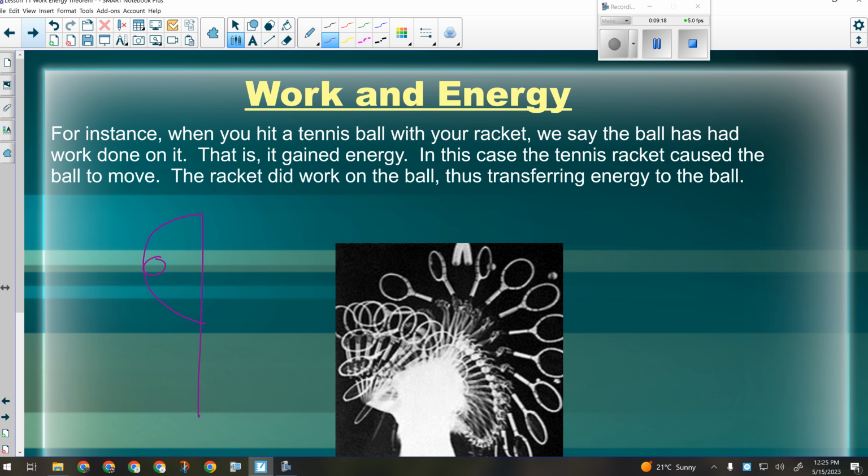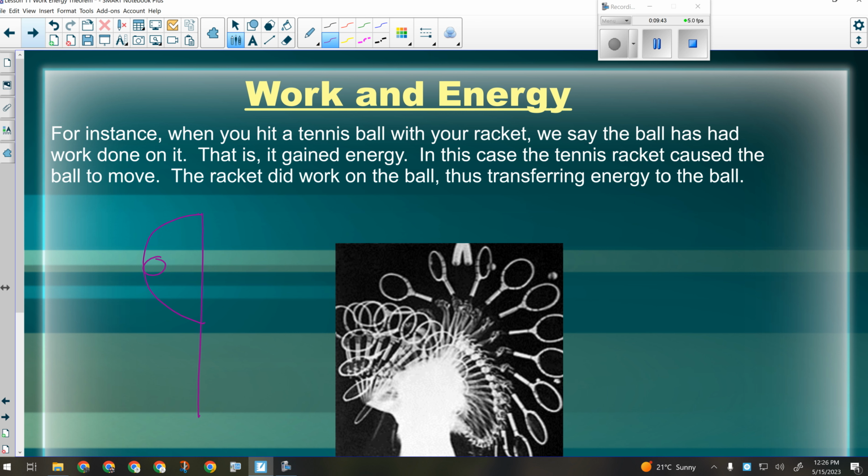And that's the advantage of a racket. In any racket sport, the distance over which you can exert the force is increased, and thus you can hit the ball faster than you could with a paddle. There's also going to be some elastic potential energy in the strings of the racket that will also be part of that equation that wouldn't be there on a hard-based paddle. Okay, everyone kind of follow me there?